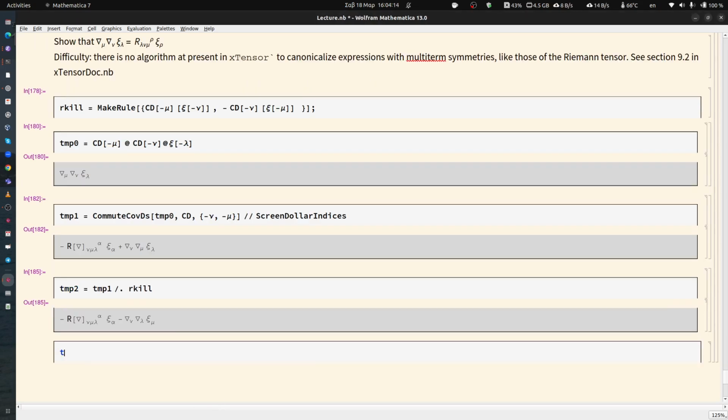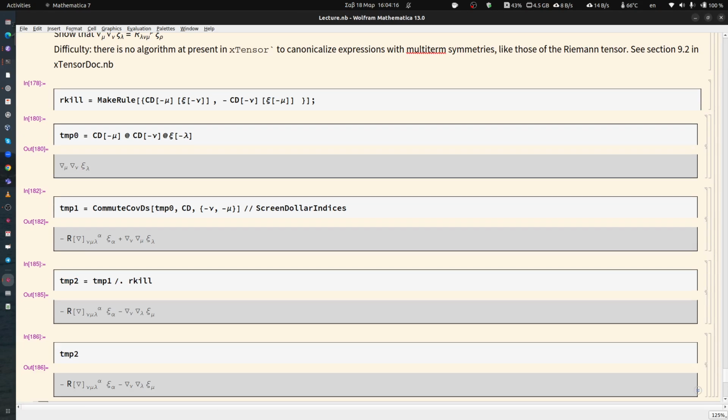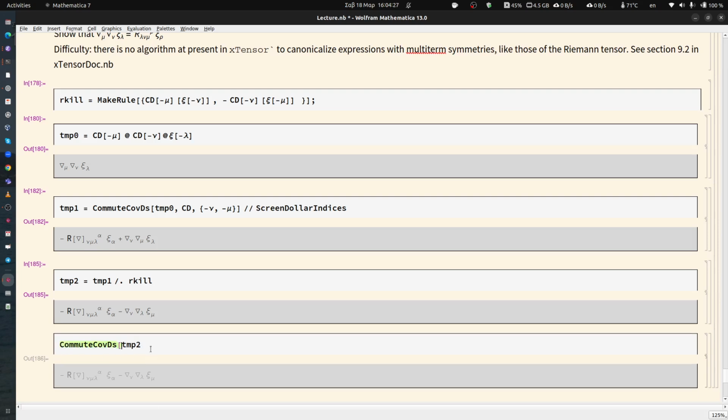And again, I take TMP2 and I commute the derivatives here, from nu lambda to lambda nu.